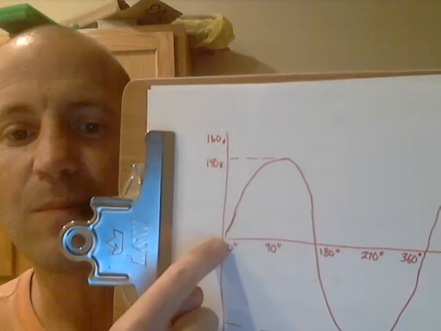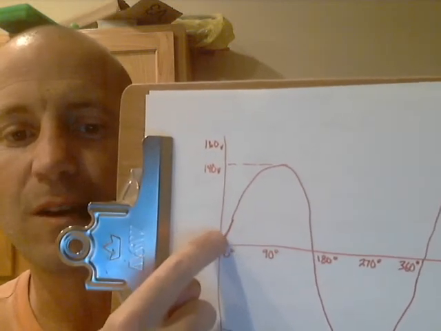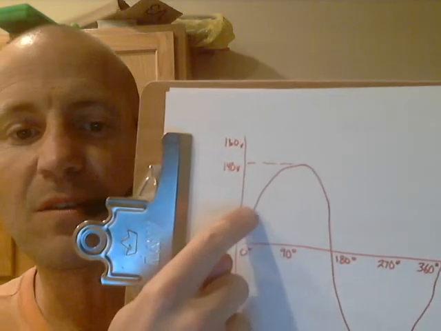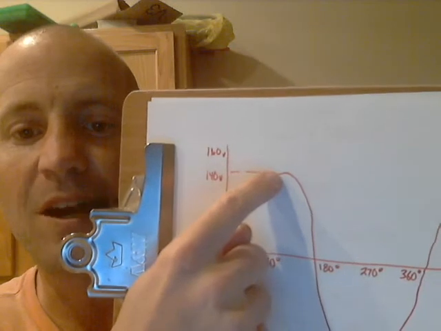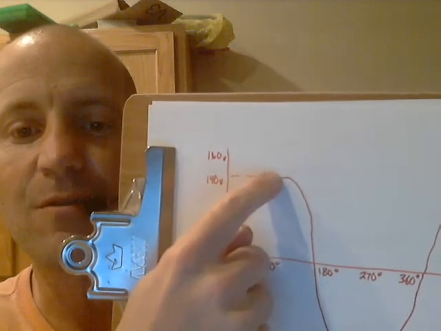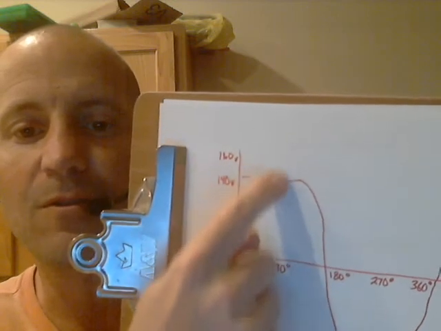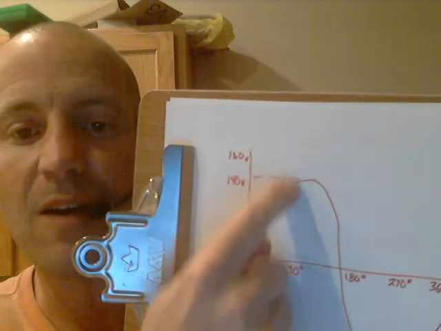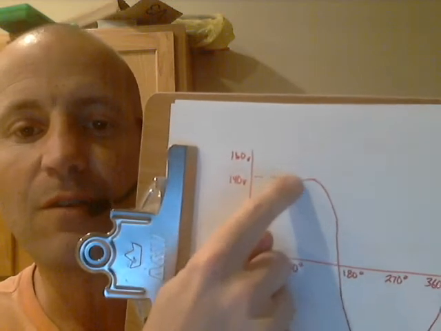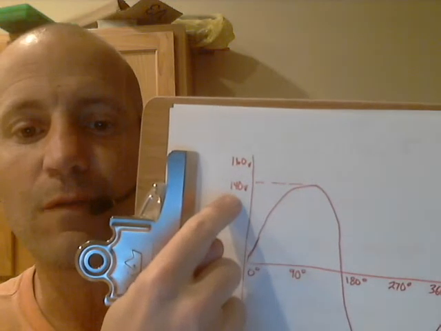The conductor's running parallel to the lines of magnetic force, so there's no voltage generated. But as it starts to spin into its next position, 90 degrees later, it's running almost exactly perpendicular to the magnetic lines of force, generating the maximum cutting action, and therefore this is going to be our peak voltage, our peak of 140 volts.